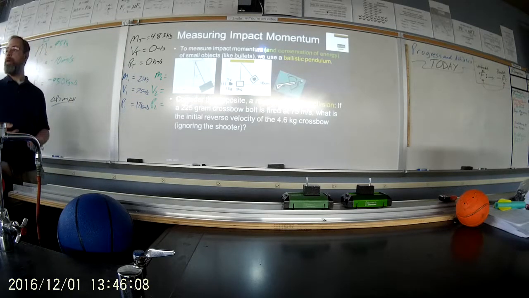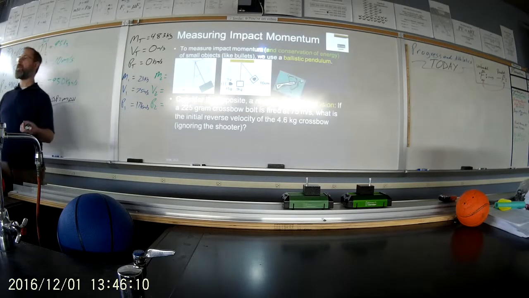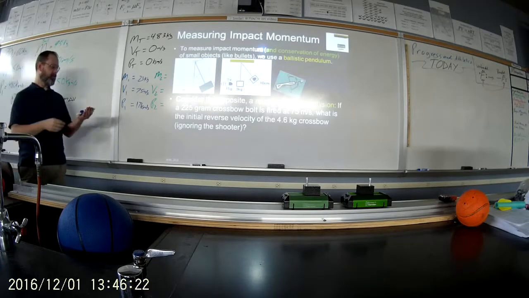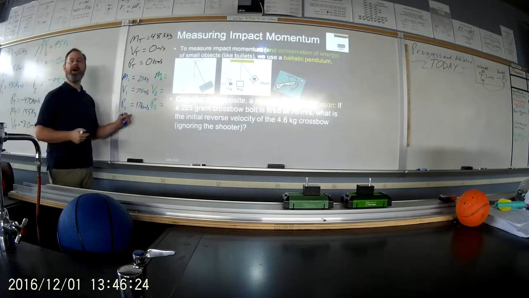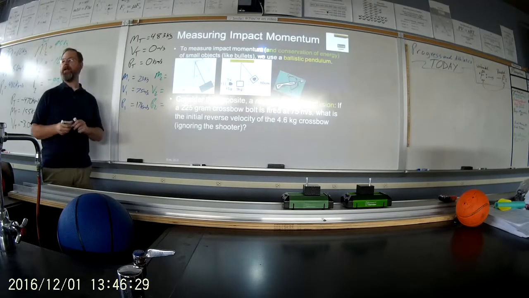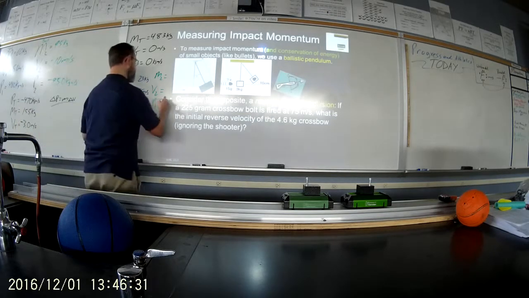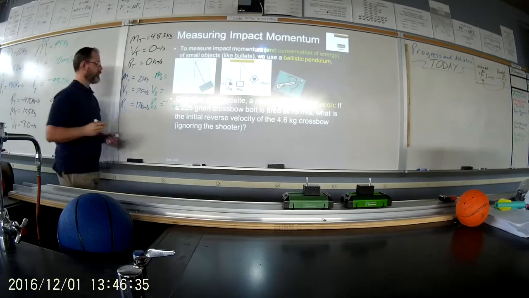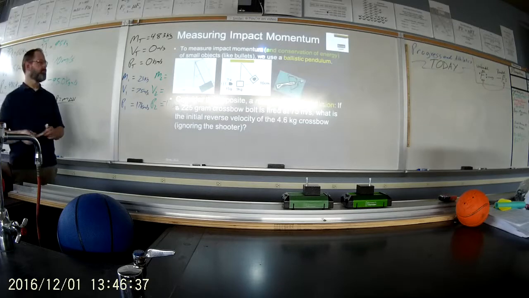So if the bolt has 17 kilogram meters per second of momentum, where did that momentum come from? It had to come from the crossbow. So if the bolt got positive 17 kilogram meters per second, the crossbow had to get negative 17 kilogram meters per second.